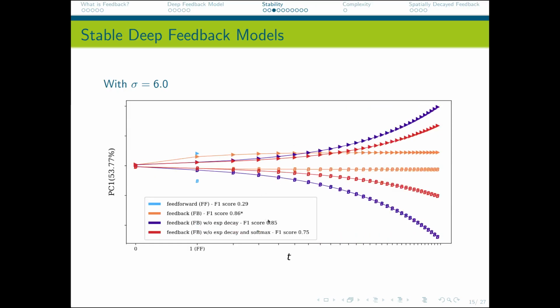Now, we wanted to assess if the exponential decay and the softmax contributed to the convergence of this system. So they do, but before that, we observed that they have the same performance in terms of F1 score in this task, but on the other hand, the principal component is always changing in time.